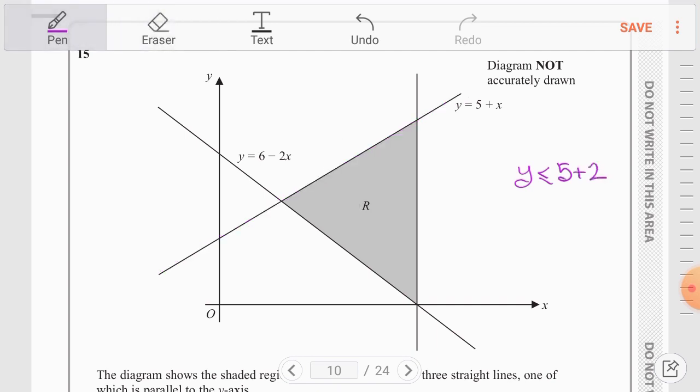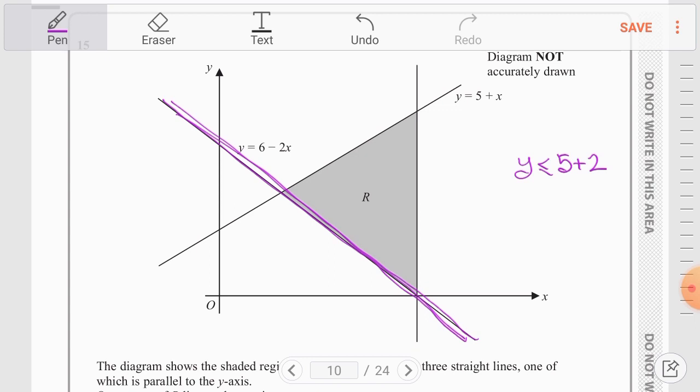For the other line on the boundary of this region, y equals 6 minus 2x, the shaded region is above the line. So as it is above the line, the inequality for this line would be y greater than or equal to 6 minus 2x. Now there is another line, this straight vertical line.